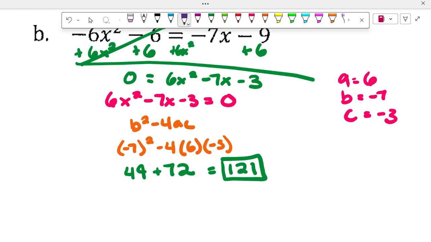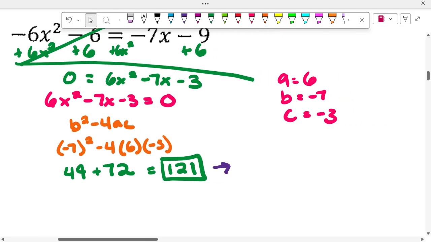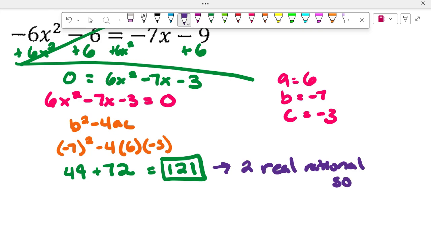So what does that say about my solutions if I were to solve that quadratic? 2 real rational solutions. Negative 4 times 6 is negative 24 times negative 3. That's positive 72. You could also do it because multiplication is commutative: negative 4 times negative 3, which is positive 12 times 6, 72.